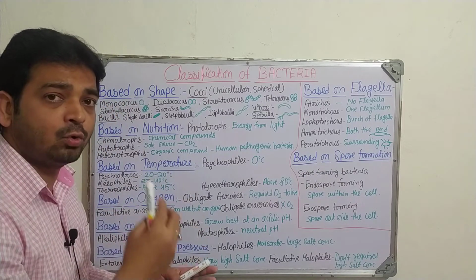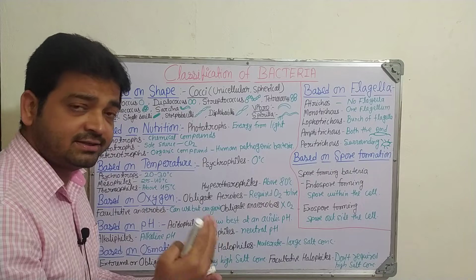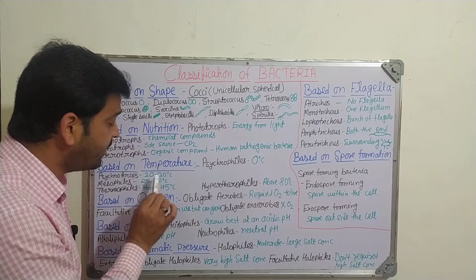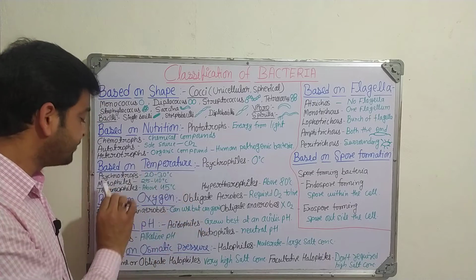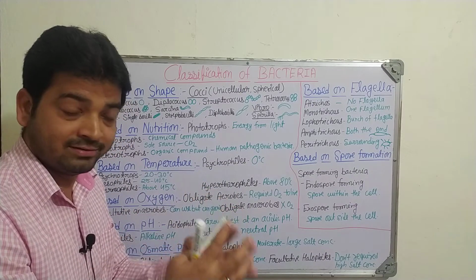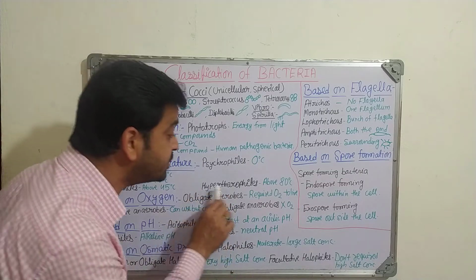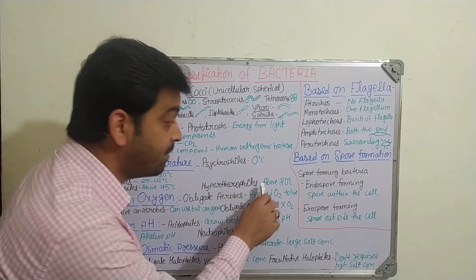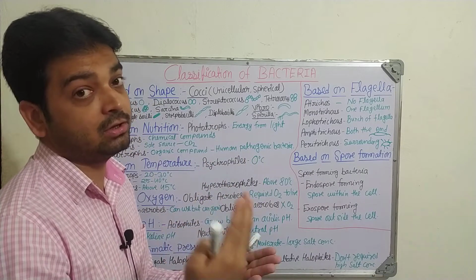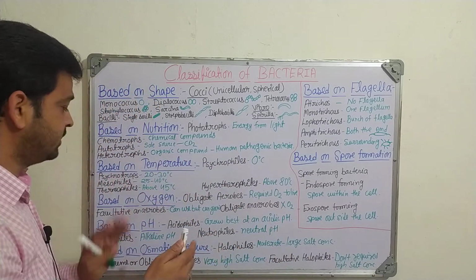Mesophiles require 25 to 40 degree centigrade. Thermophiles need above 45, a very huge temperature. Then hyperthermophiles, hyper means extreme, above 80 degrees, and there are so many bacteria that grow above 80 degrees. So these are the things.